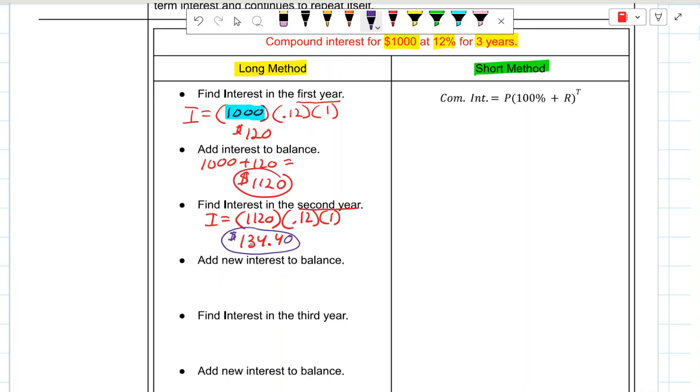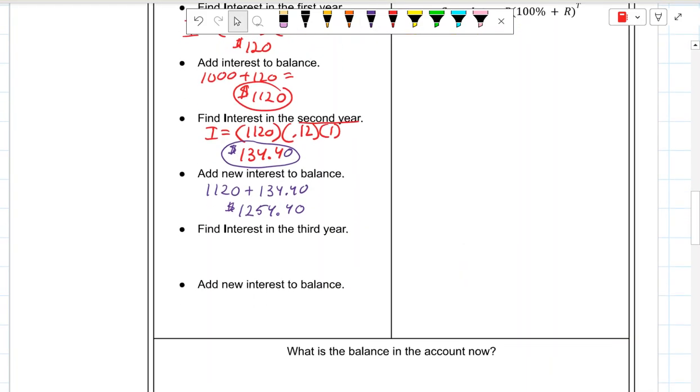Let's add this to your old balance of 1,120 plus 134.40. So our new amount is $1,254.40. Okay, we just repeat the same process again.